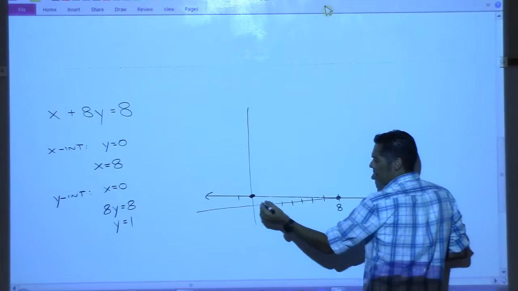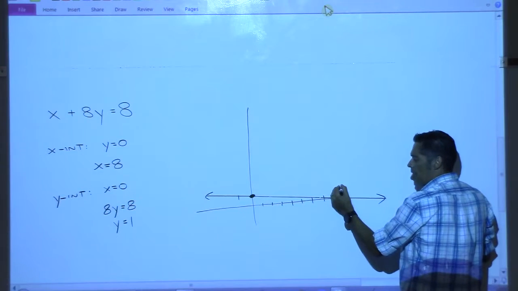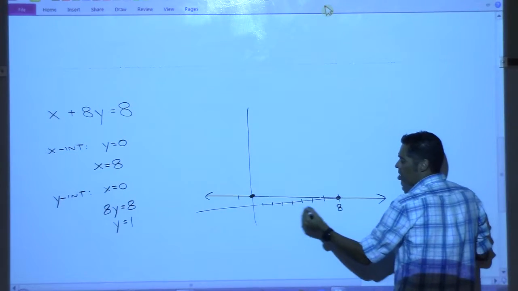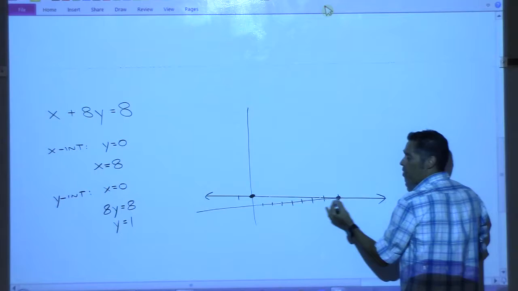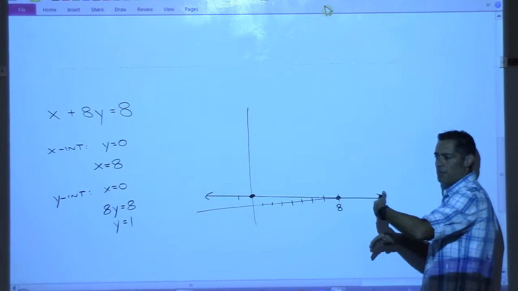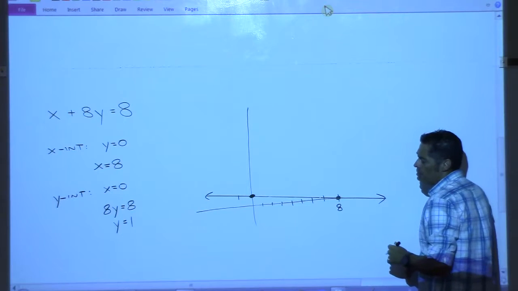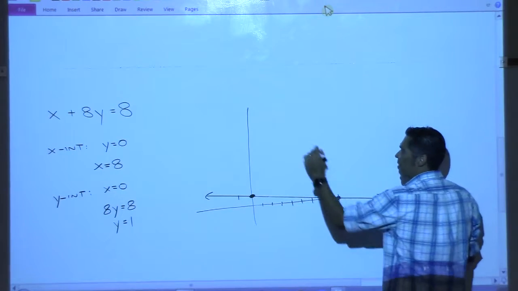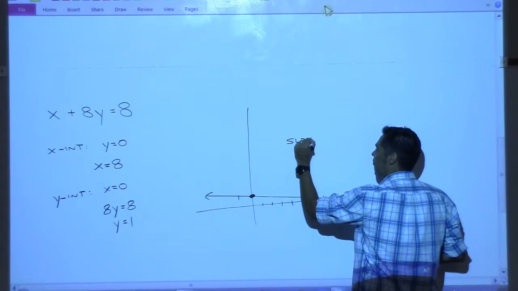Then to do that, I could move over a certain amount and then down a certain amount, or I could go down a certain amount and then over. It doesn't matter which order I do those, as long as I have some up and down, some left and right.